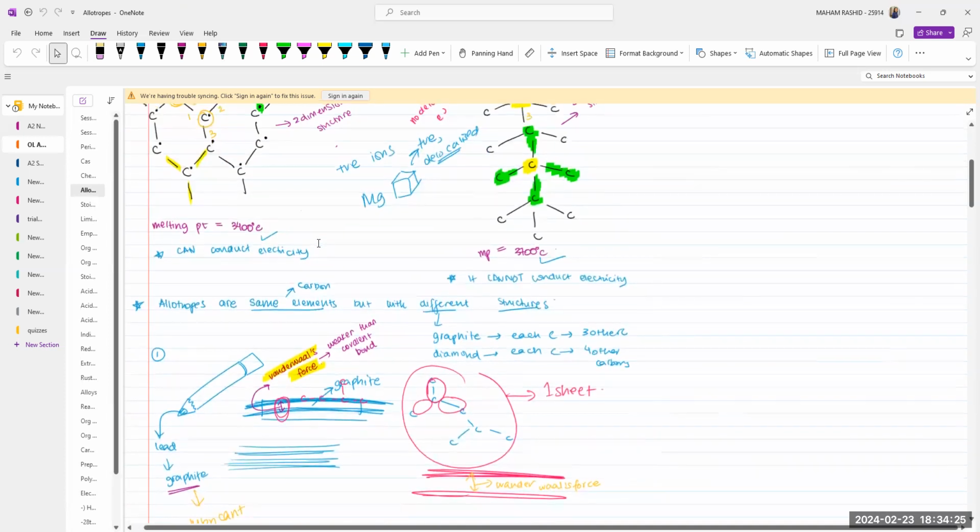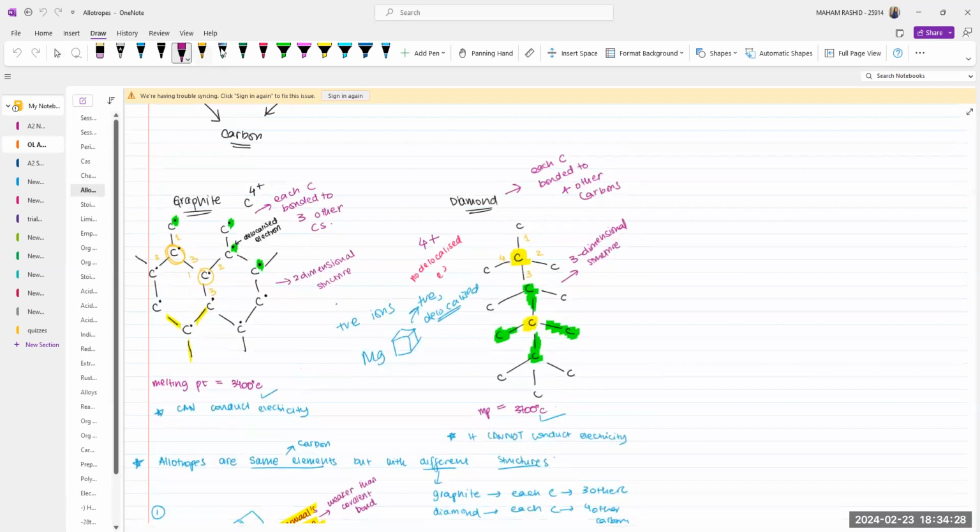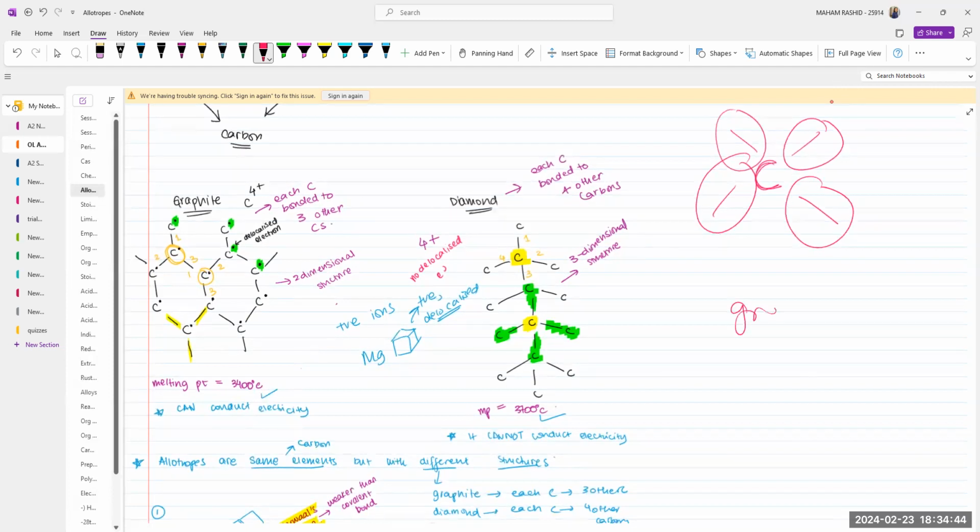Diamond is hard because it has a greater number of bonds compared to graphite, right? In diamond, one carbon is bonded to 4 other carbons, while in graphite, one carbon is bonded to just three other carbons.